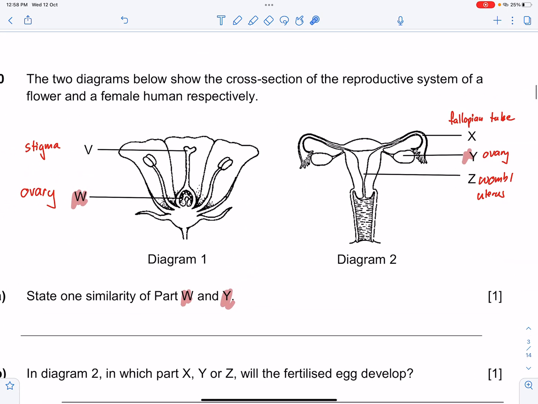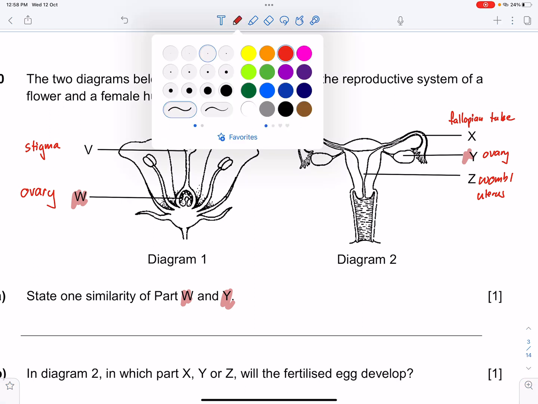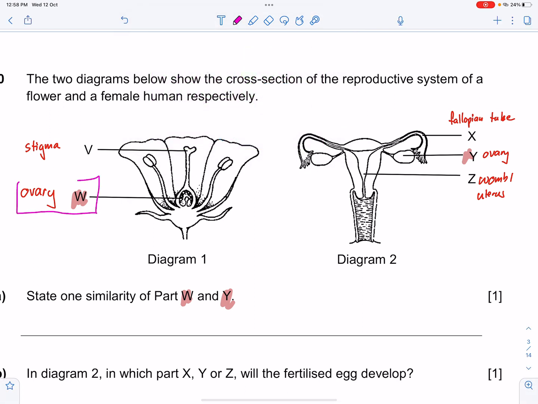So now that you have labeled, straight away you can see the commonality. This is the ovary, this is also the ovary. So what is the similar function? They never ask you what is the name. So if you tell me that, oh, they are both the ovary, you are wrong. You have to tell me what their functions are.